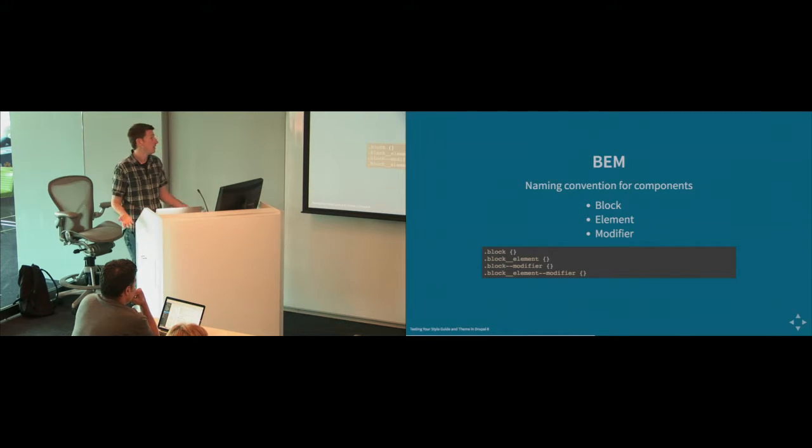So BEM is a naming convention for components, and stands for block, element, modifier. The block is the component, the unique component. An element is something within that component, and then a modifier modifies either the element or the block. Here's the naming convention for that. Double underscore before an element, double hyphen for a modifier, and then you could have something like block, double underscore, element, double hyphen, modifier.